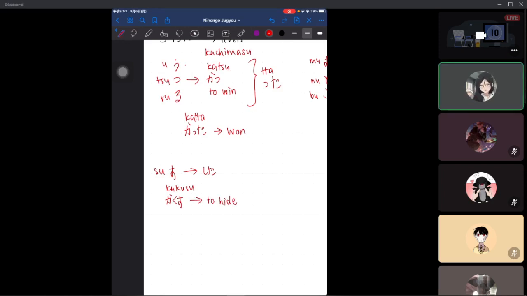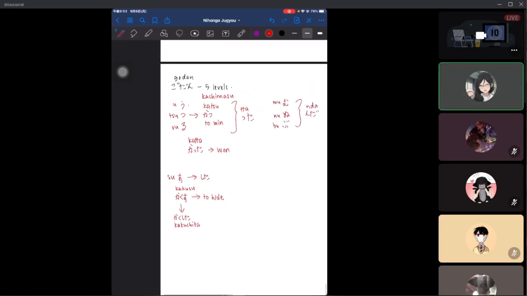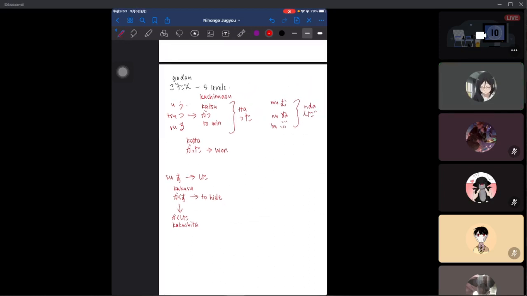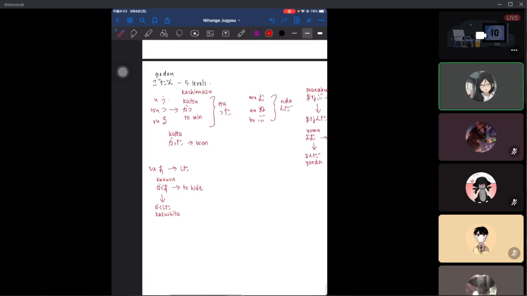So if you change it into a past tense short form, basically you just replace the su with shita. It will become kakushita, which means hid. So that is for su.